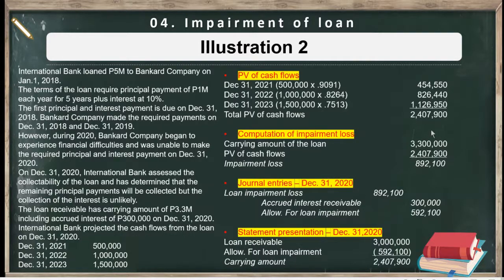The answer would be not 3,300,000 but 2,407,900, which is equivalent to the present value of the future cash flows using the effective interest rate. So our carrying amount of 3,300,000 was brought down to the present value. So what should appear in our statements and records is that the loan is now valued at 2,407,900.